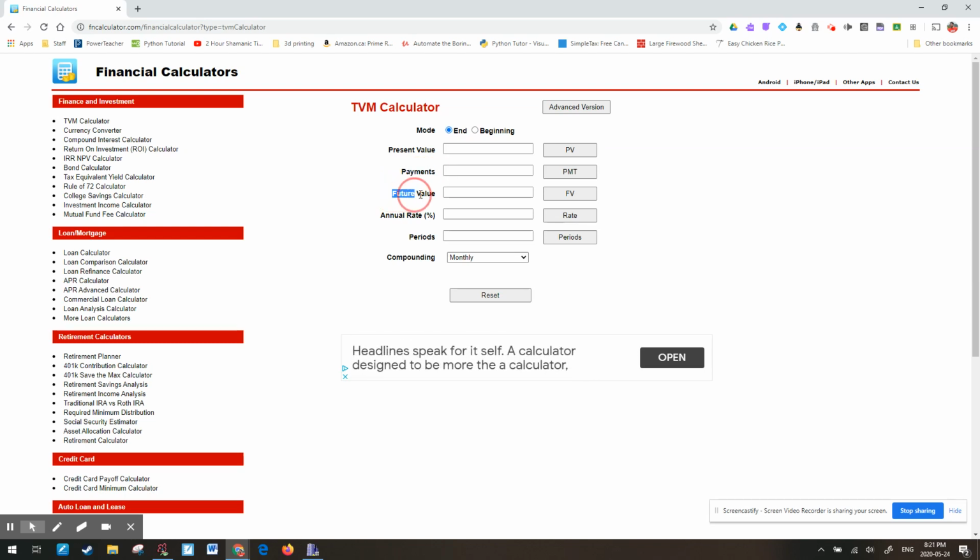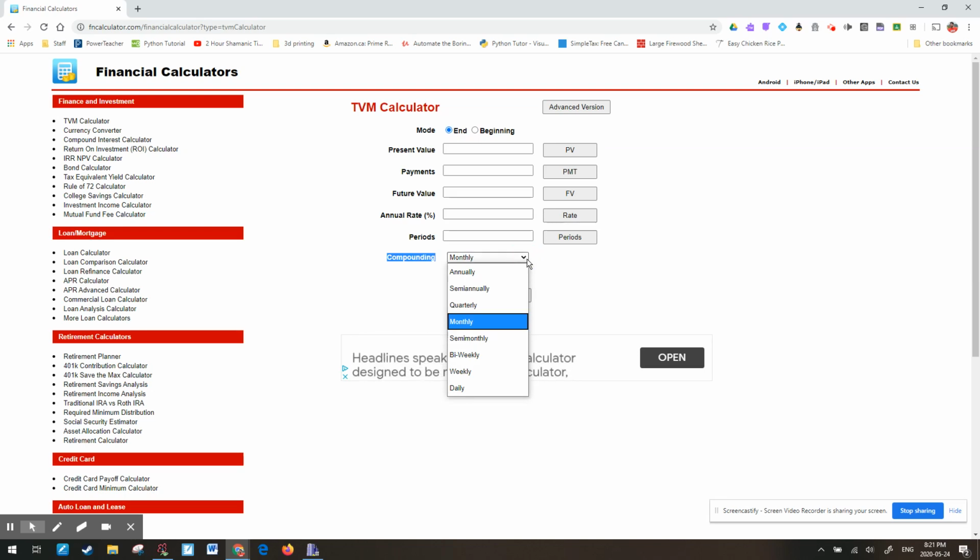There is a field for future value. There's a field for annual rate as a percent. There's a field for periods. That's how many compounding periods there are. And then it's a field here for what the compounding frequency is. So these are all of the various compounding frequencies that we have access to.